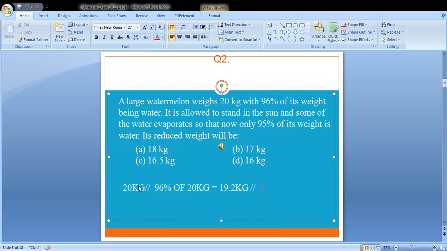So a large watermelon weighing 20 kgs has 96% water, that is 19.2 kg is water.